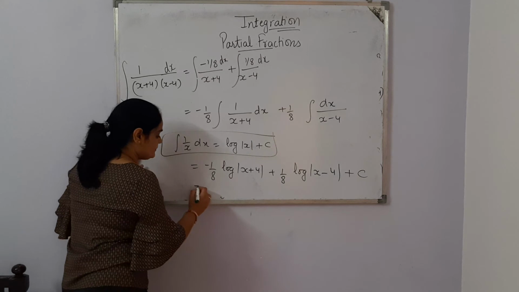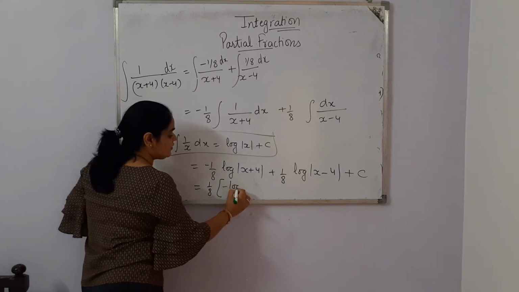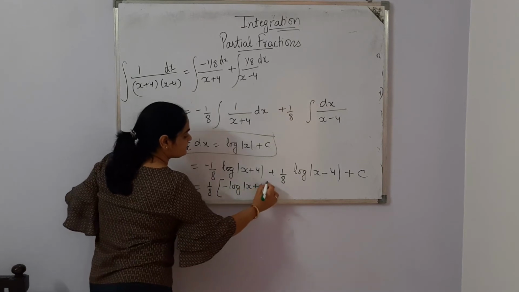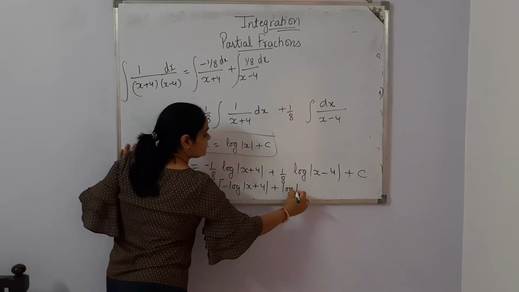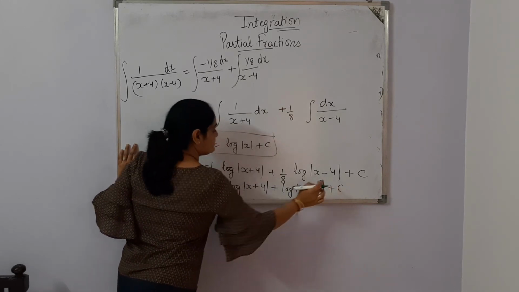Okay, now 1 by 8 can we take it as common? Now we have minus log of x plus 4 plus log of x minus 4 plus c.